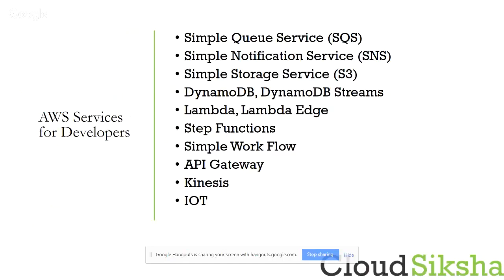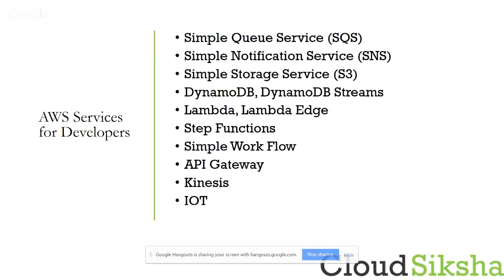Then there is the very famous S3, which is the Simple Storage Service. S3 has something known as events. Basically, S3 can inform you when an event happens. What sort of event can happen? A file or an object can be uploaded, an object can be deleted, and so on.